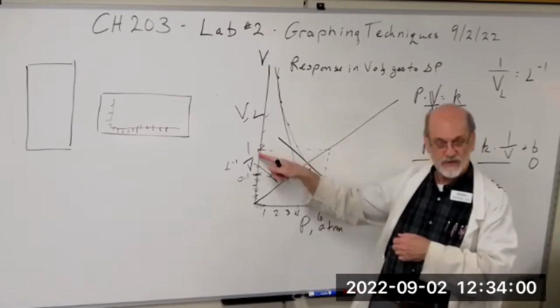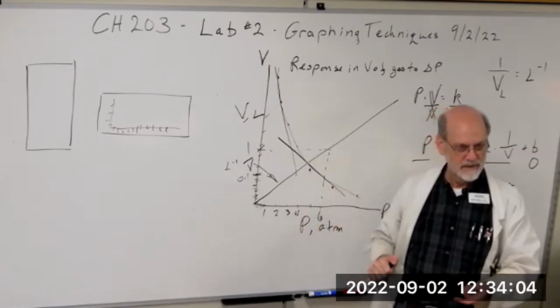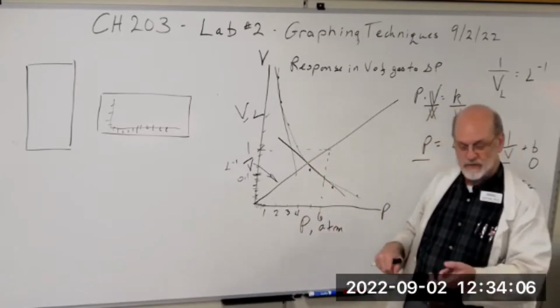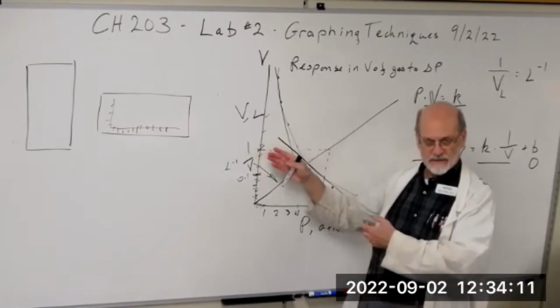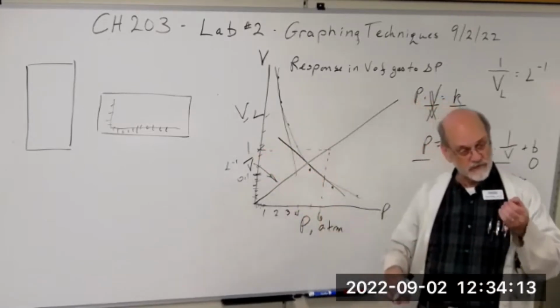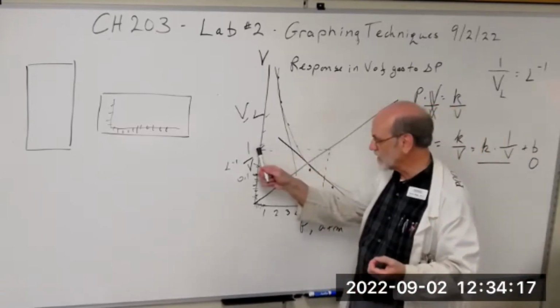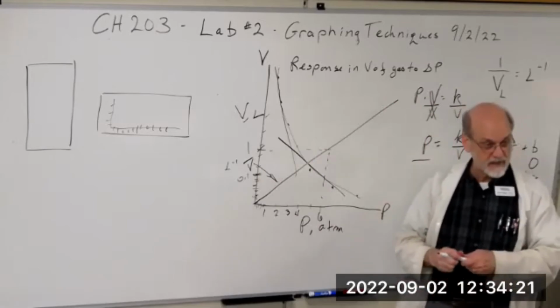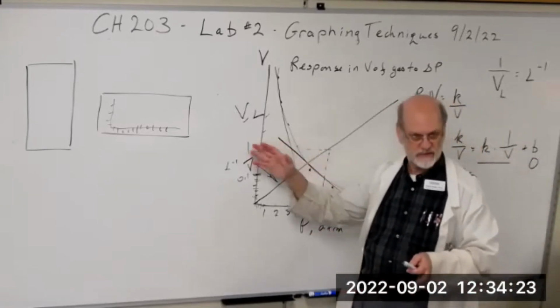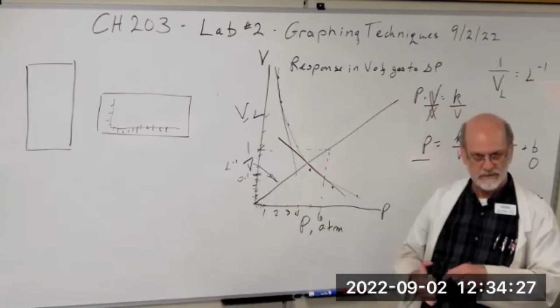So once you got that value, you take the inverse of it, and that's your answer. Or what if you go backwards? What pressure would I need to get that volume? So if it gives you a volume, you take the inverse of it, find it here, go over to your line, drop down, there's your pressure. Okay. So don't lose track of your units when you're interpreting your graphs.